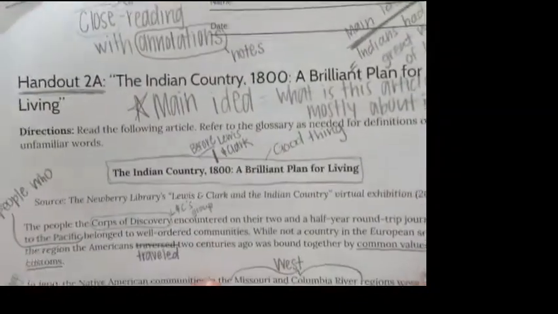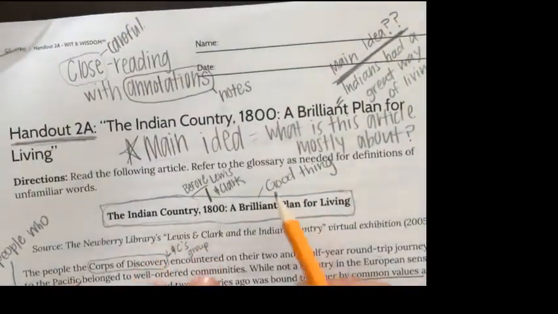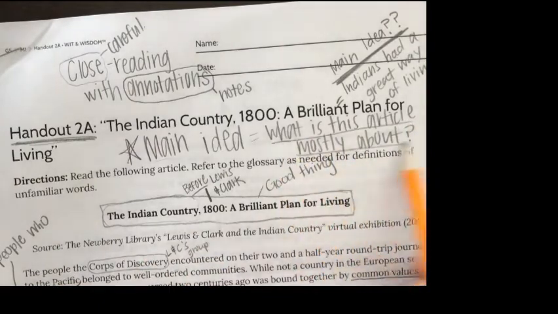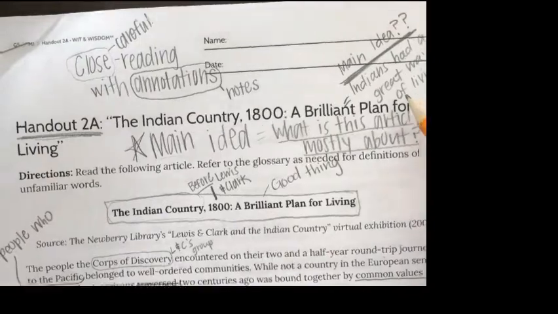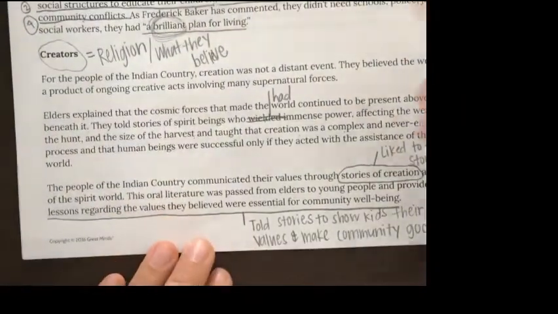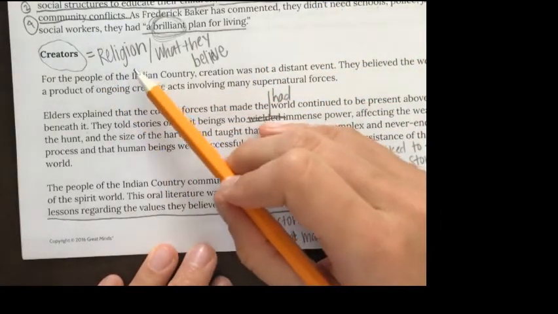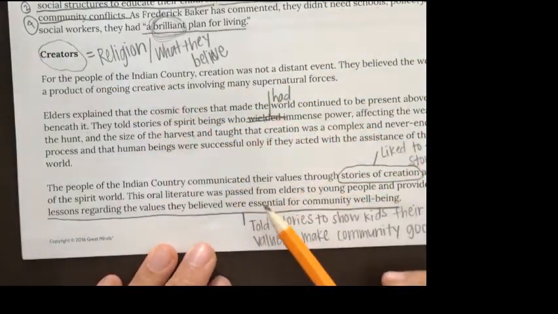So how does this relate? Because I'm always going back to what I'm looking for, right? So far, this mostly is about how they have a great way of living, right? And in 3 different ways. It talks about how they had a good religion, that they believed and passed on stories.